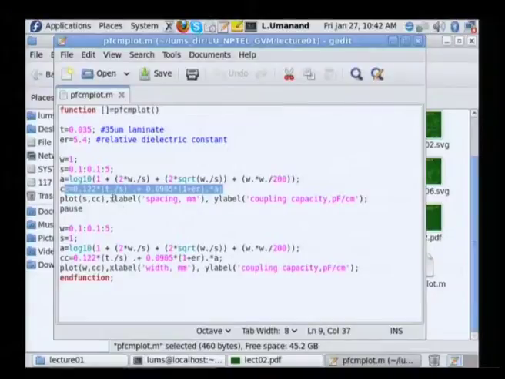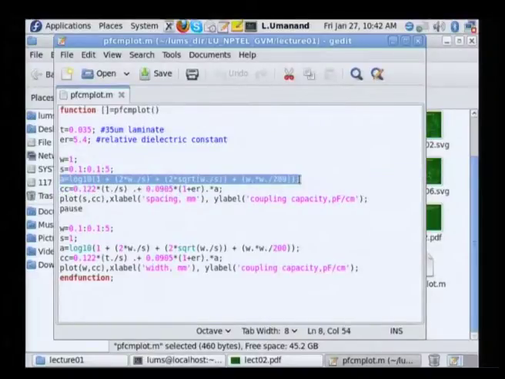Now, let me tell you why I am using dot slash, dot plus 0.0905 into 1 plus ER, which is epsilon r. Basically, I have defined epsilon r as 5.4 into A, or dot star A. Now, A is nothing but here the log to base 10 of a function, which consists of the two variables w and s, like given in the equation. Now, w is the width, which I am taking as 1 mm.